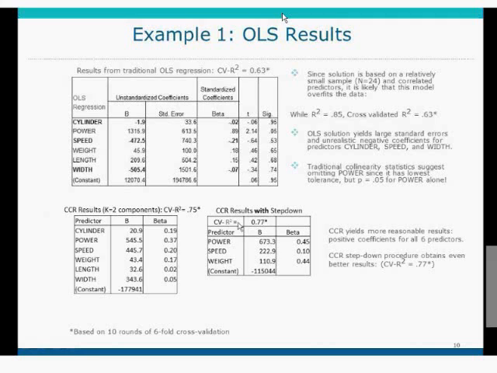Cross-validated R squared goes up to 0.77. So this would be our final model here, a model with 3 predictors. And we'll discuss how to get this. What do I mean by 2 components, etc.? Here, cross-validation was based on 10 rounds of 6 folds. I'll be talking about what that means.